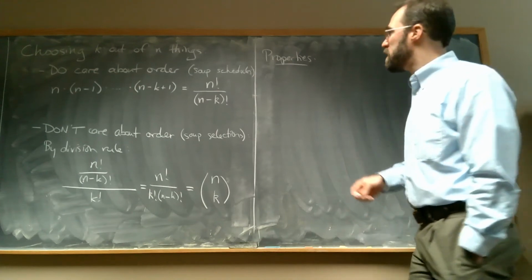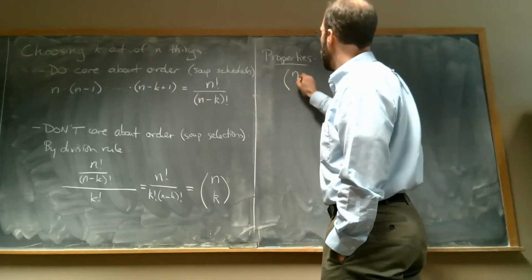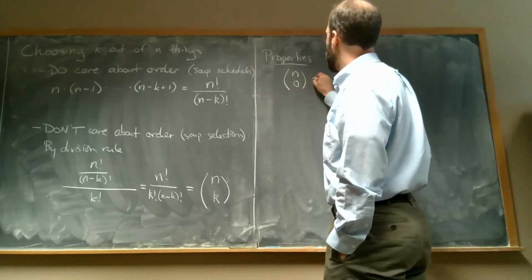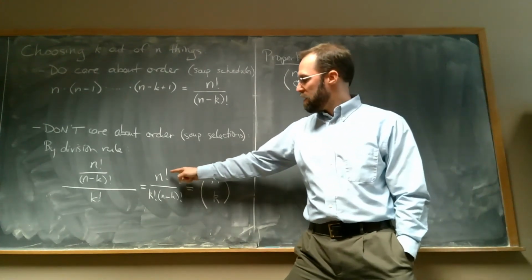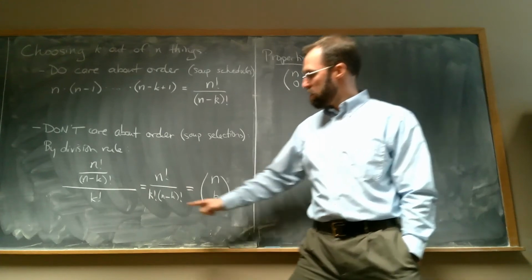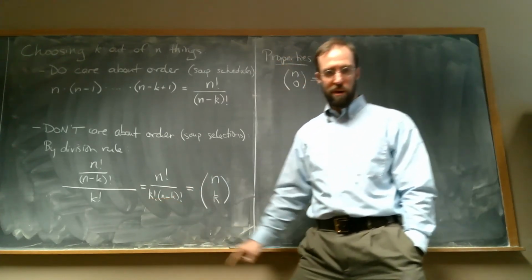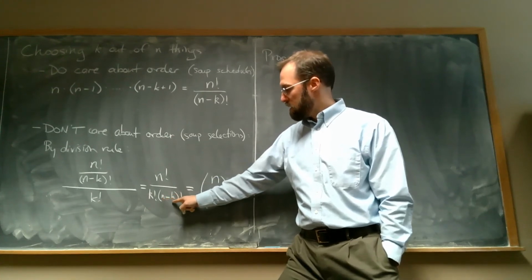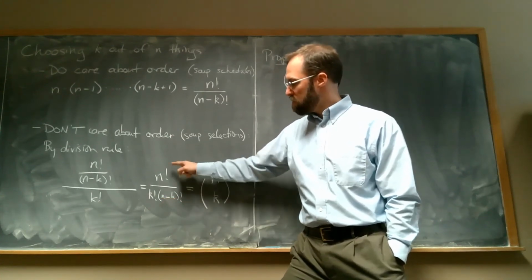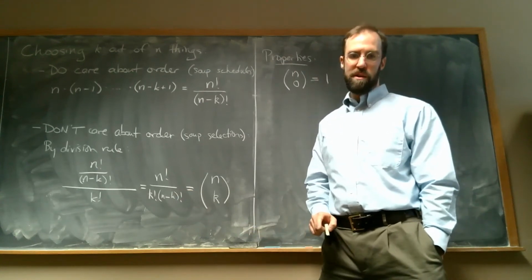So one thing is n choose 0 is equal to 1. Let's look at the formula. When k is 0, 0 factorial is 1. And then we have n minus 0, that's just n factorial. So this ends up being n factorial divided by n factorial, which is 1.